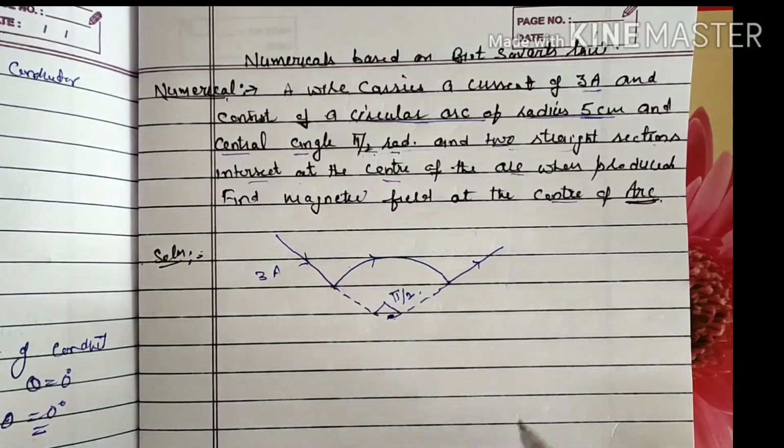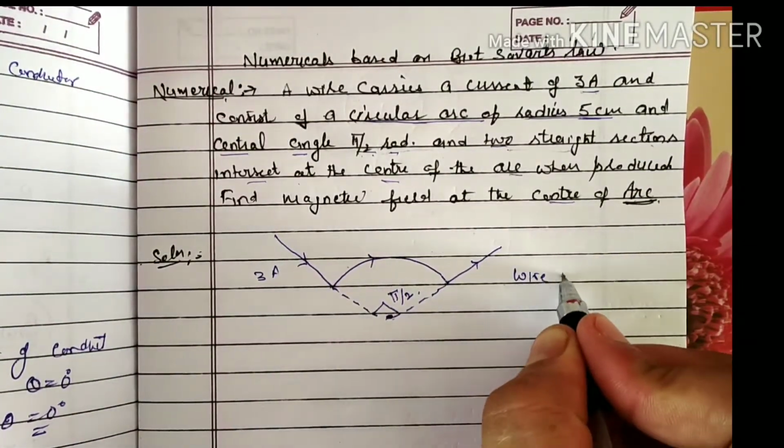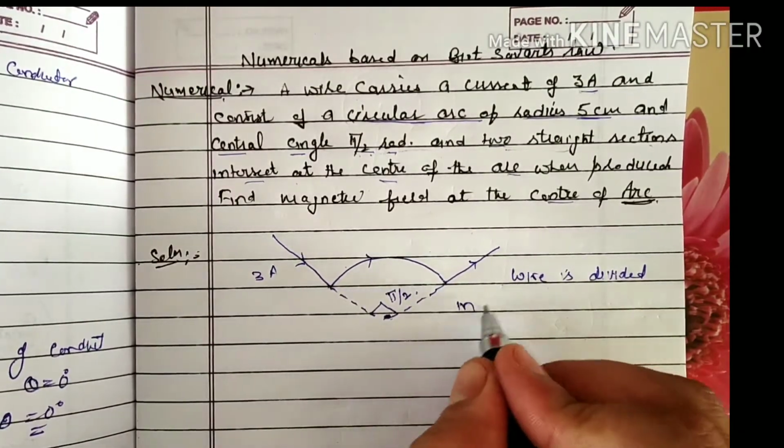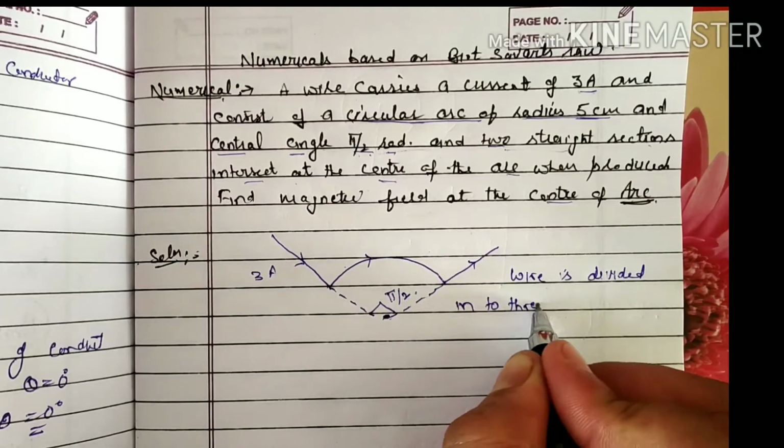wire. So now the wire is divided into 3 parts.